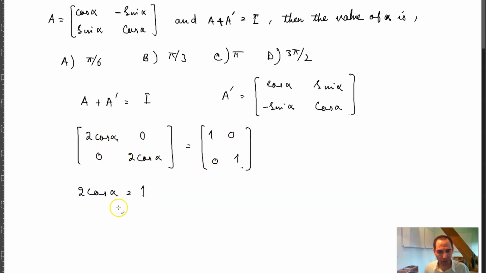That means that cos alpha is equal to 1 by 2, which means that alpha must be a 60-degree angle, of course, because alpha would be equal to the cos inverse of 1 by 2, and that would be a 60-degree angle, which is pi by 3.